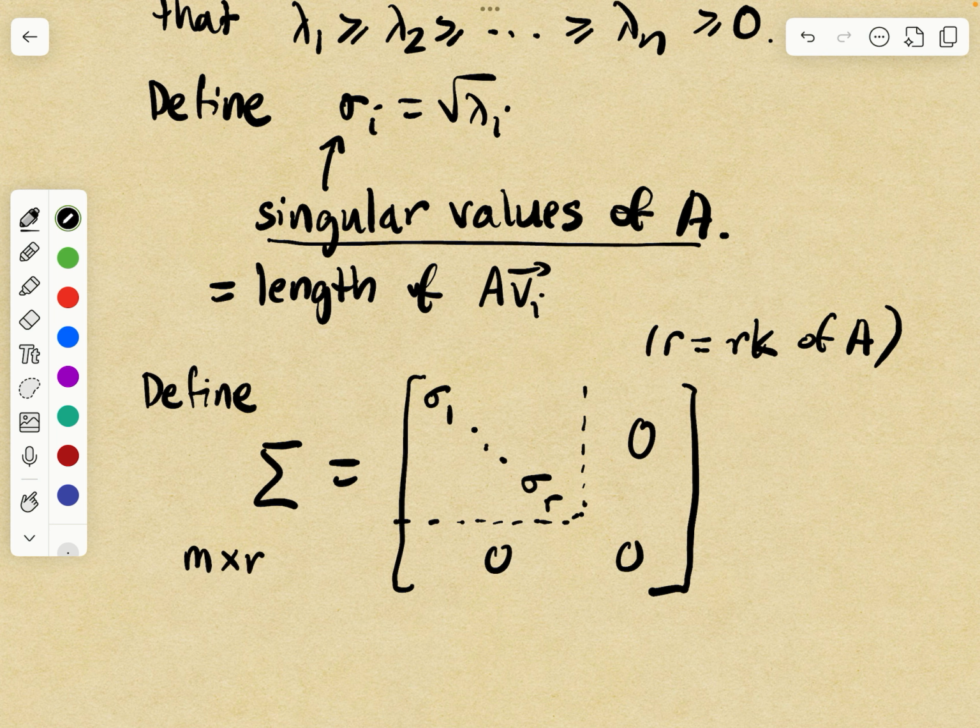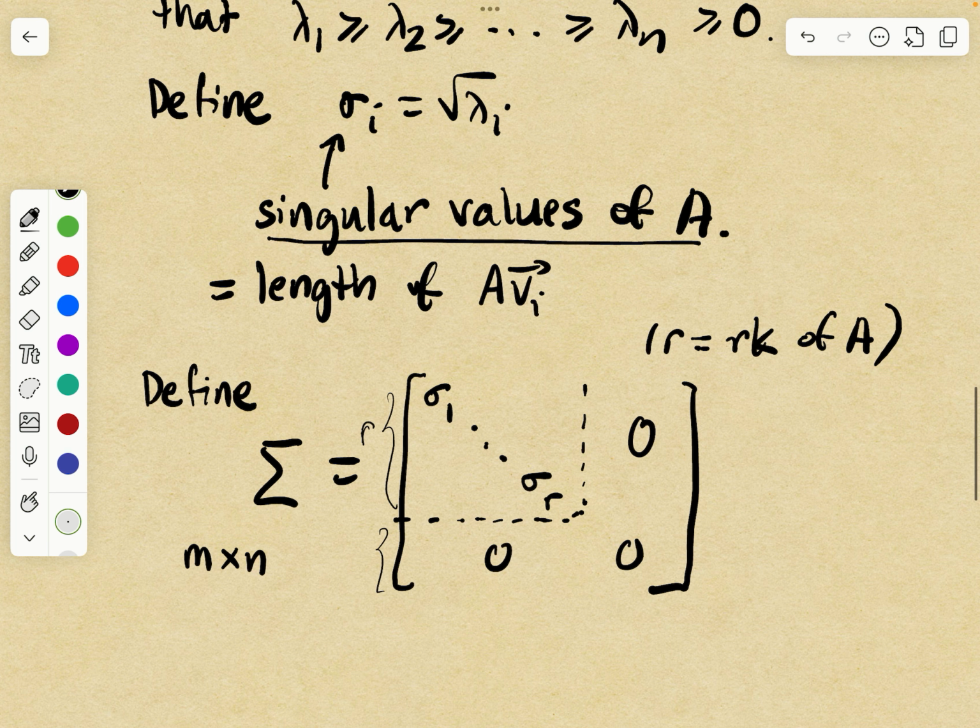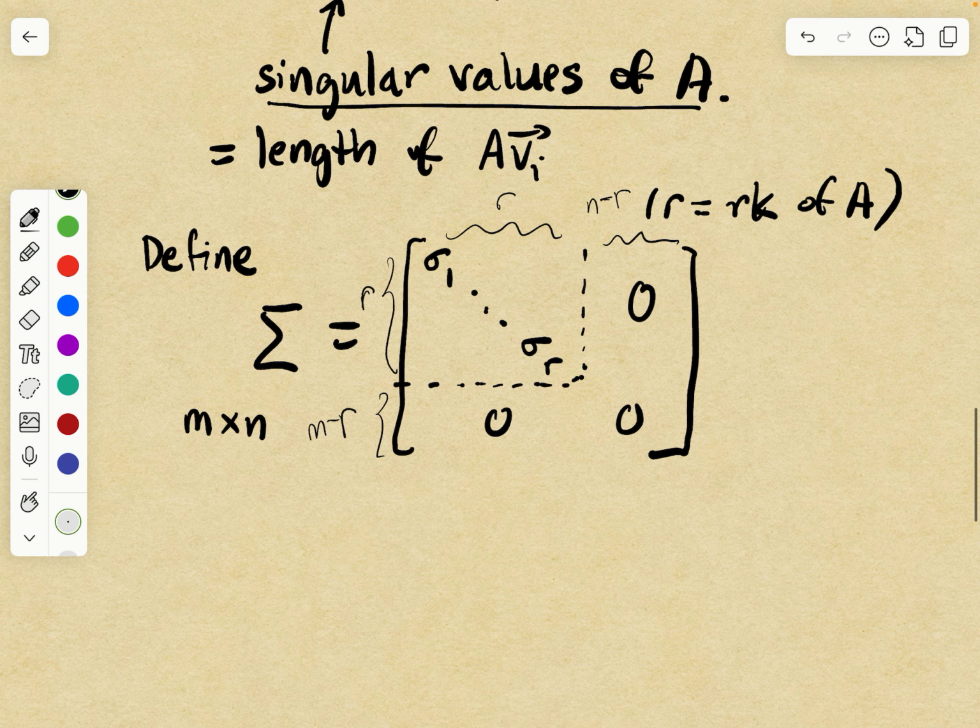Here you have r rows, and then you fill in these m minus r rows with 0. And then you have r columns, and these n minus r columns that you fill in with 0, and that gives you an m by n matrix.